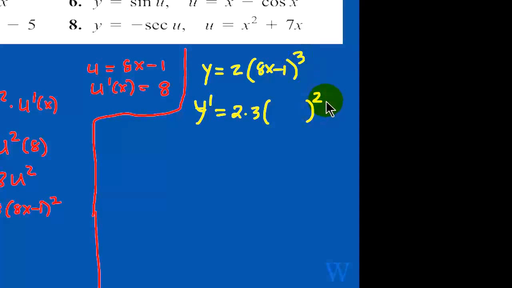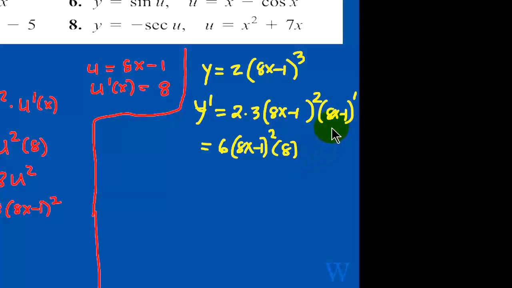But I don't stop there because now I have to take the derivative of what is inside. So this is 8x minus 1. So this becomes 6 times 8x minus 1 squared. And then I multiply by the derivative of 8x minus 1, which is just 8, because the derivative of a constant is 0.